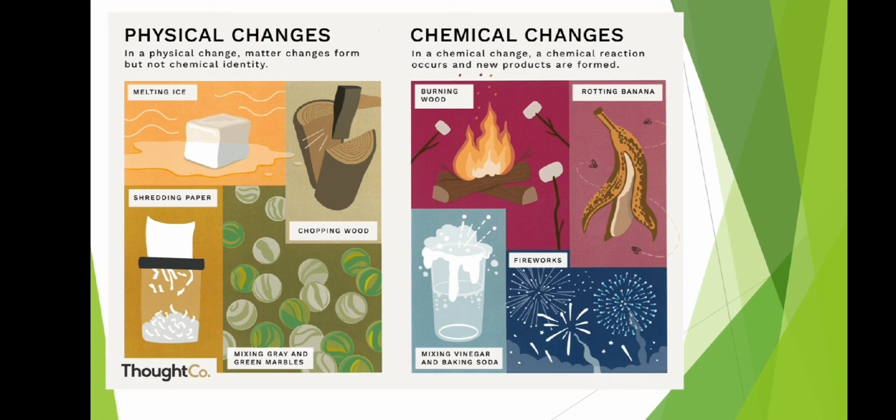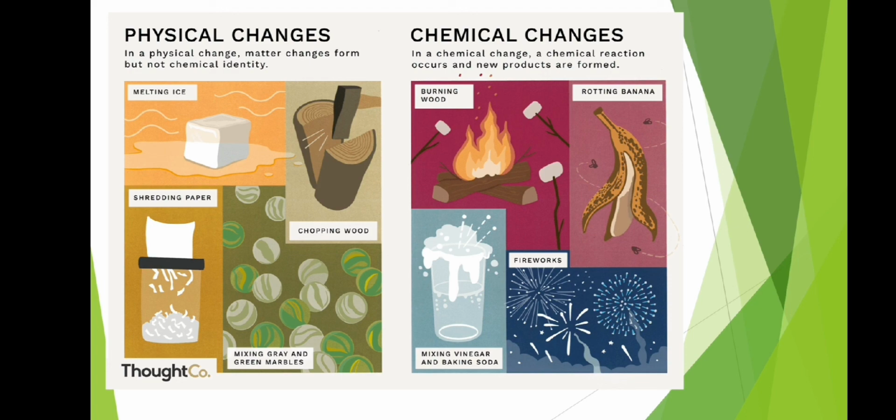So, another change, we have chemical changes. Of course, in chemical changes, a chemical reaction occurs and new products are formed. In this process, we include flammability, burning, rusting, and reactivity. One example is burning of wood. From the wood itself, it becomes ashes, so you get another structure.